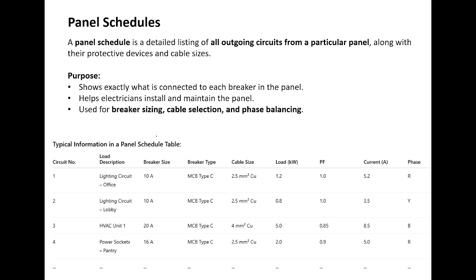Now coming to the panel schedules. Unlike the load schedule, we have a panel schedule for each and every specific panel. A panel schedule is a detailed listing of all outgoing circuits from a particular panel, along with their protective devices and cable sizes.